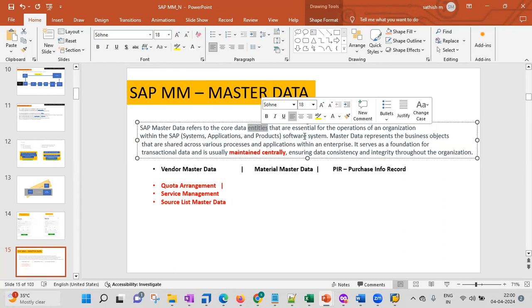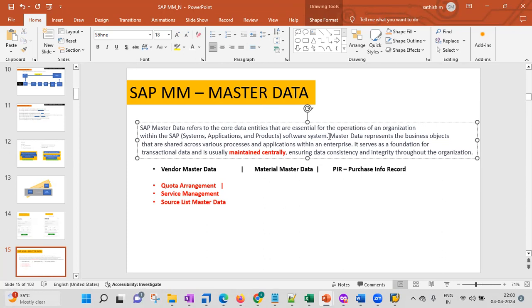Operations means the daily activities, the daily business of an organization within the SAP system. SAP, I told you, means Systems, Applications, and Products in data processing, a software system.